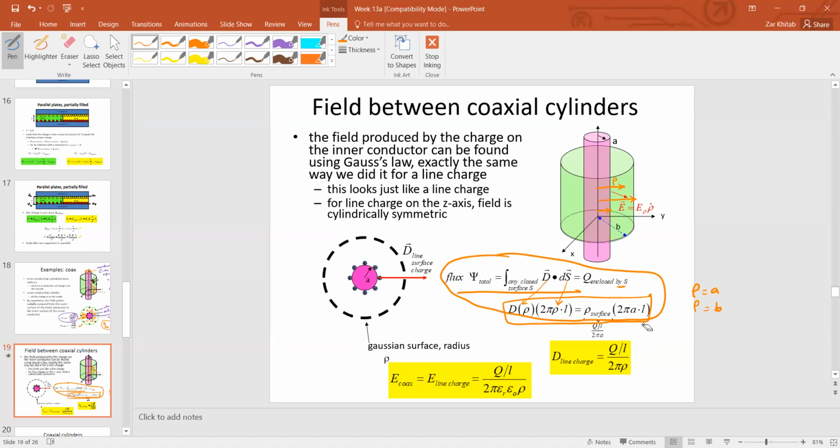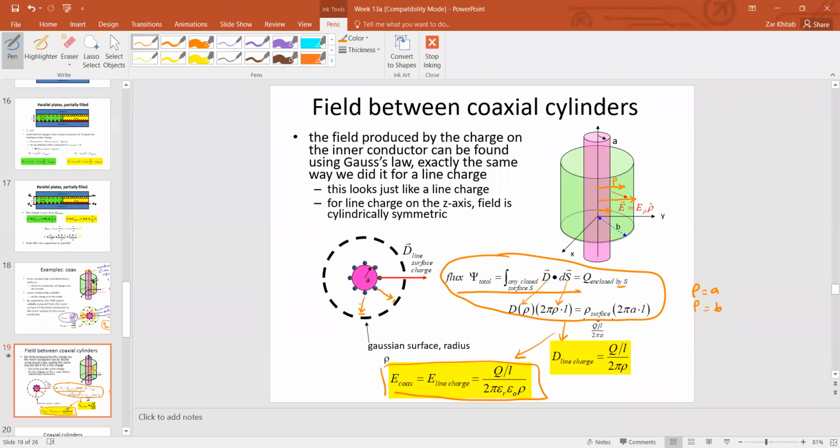If you manipulate this equation a little, you will calculate the electric field, which goes from this positive charge towards this negative charge. Every positive will have a negative on the outer.